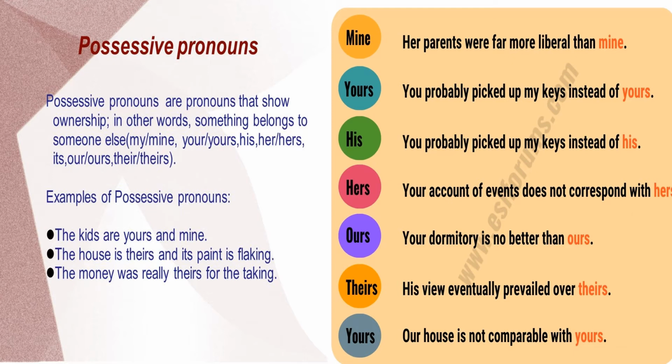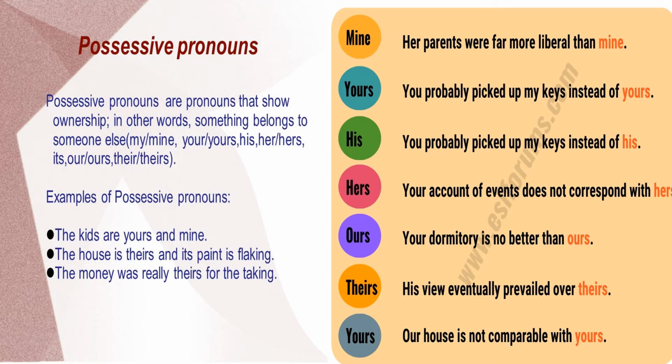Look at these examples. The kids are yours and mine. The house is theirs and its paint is flaking. The money was really theirs for the taking. Now let's look at where to use these words, which is mine, yours, his, hers, ours, theirs, and yours.